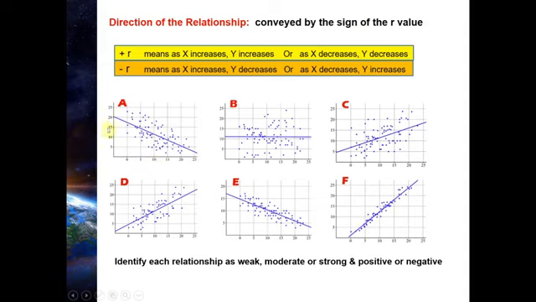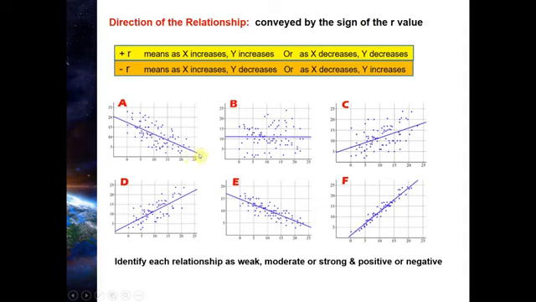What is happening to the y values? As x is going up, y values are going down. They're moving in opposite directions. That means that the slope of the line will be negative, and it also means that we have a negative correlation or a negative relationship. As x increases, the y values decrease.